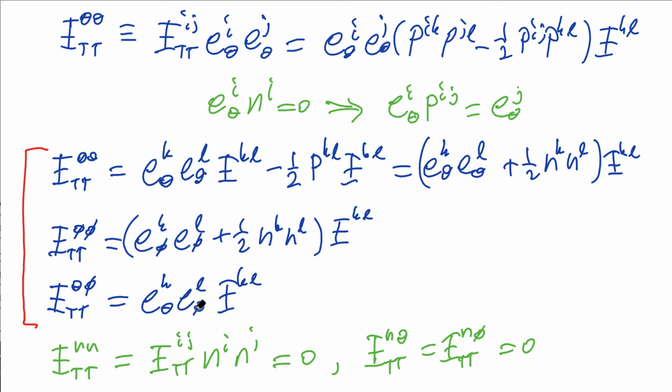And now, using our previous results for the reduced quadrupole moment, I bar, it's straightforward to calculate these TT projections. And these are much easier to compute than the components in the Cartesian coordinate basis.